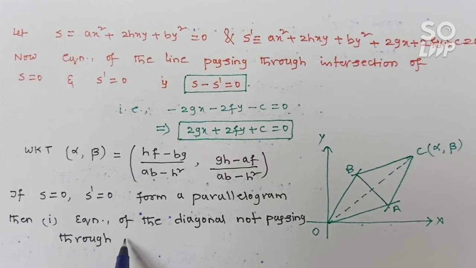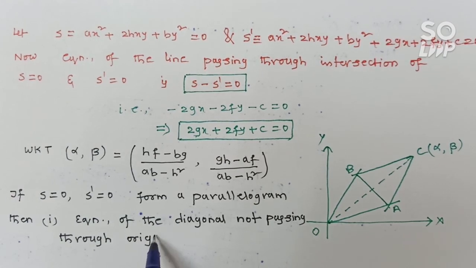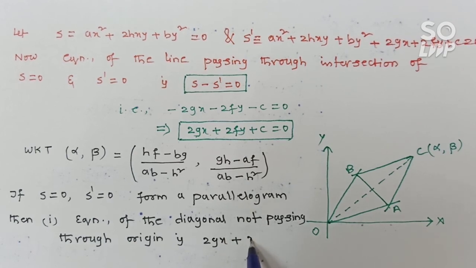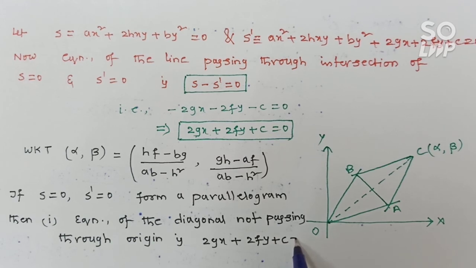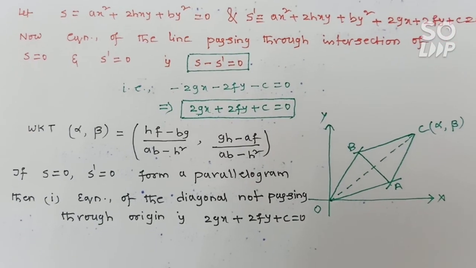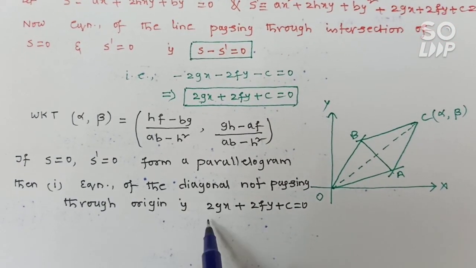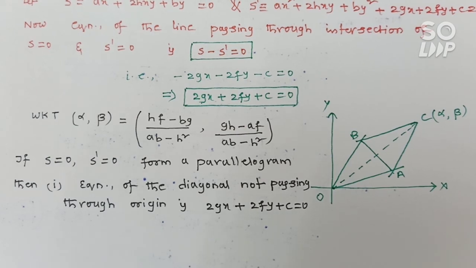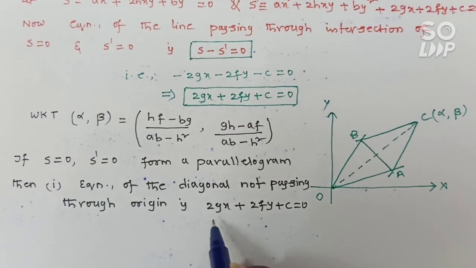What is that equation? S minus S dash equals 0, which is 2g into x plus 2f into y plus c is equal to 0. This one is the equation of the diagonal not passing through the origin.